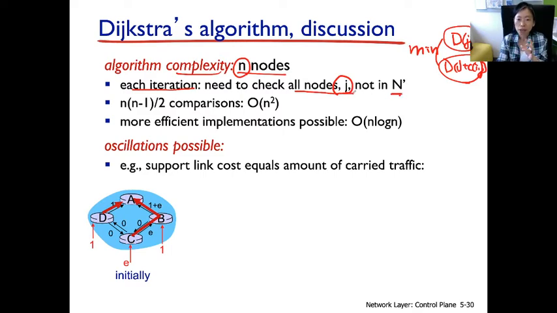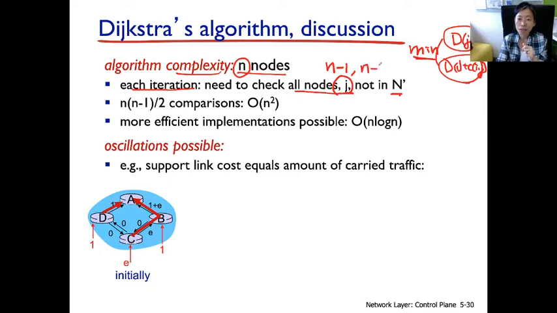How many j's are connected to the source? Yeah, it's fully connected. Therefore, n minus 1 nodes will all be j, and we'll need to do min for each of these j. First iteration, we'll need to do n minus 1 comparisons.